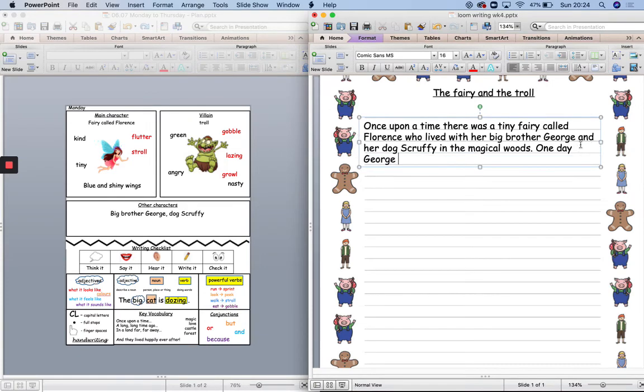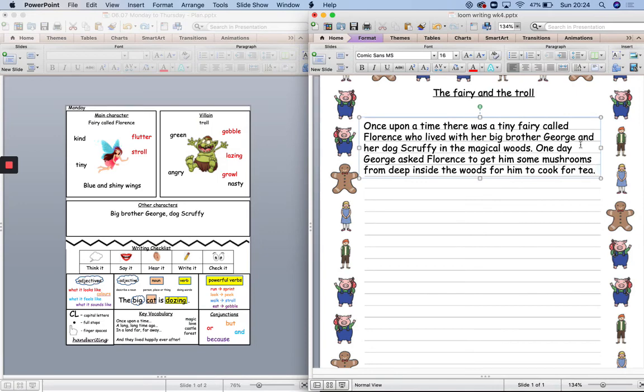George asked Florence to get him some mushrooms from deep inside the woods. Not just in the woods, deep inside. It's got to be further than where he is. From deep inside the woods for him to cook for tea.